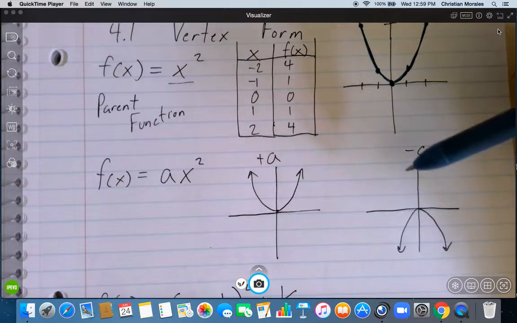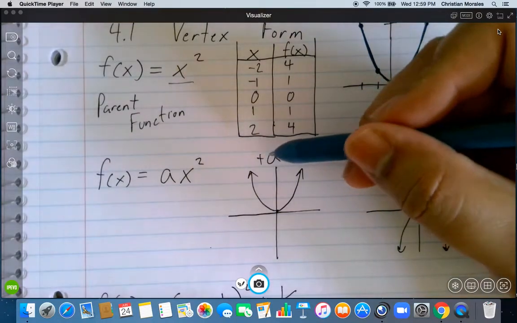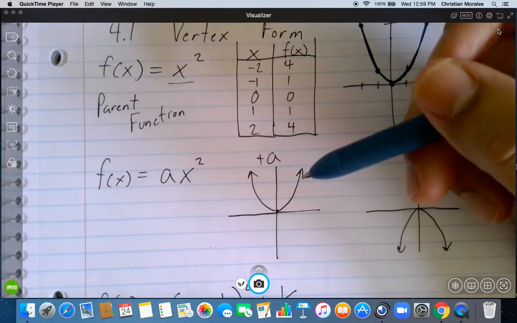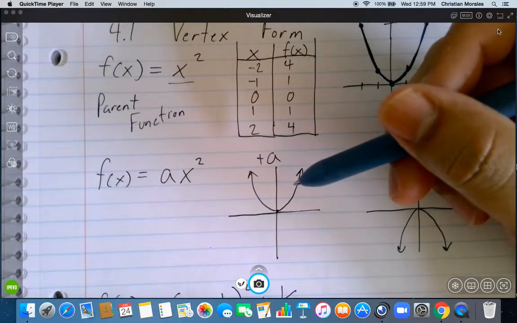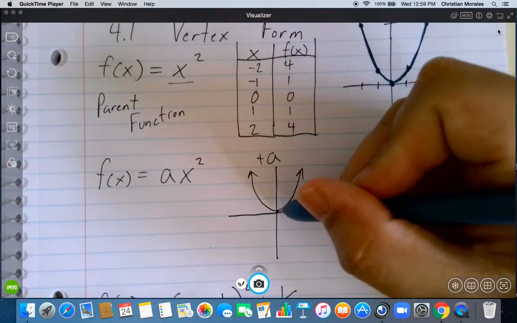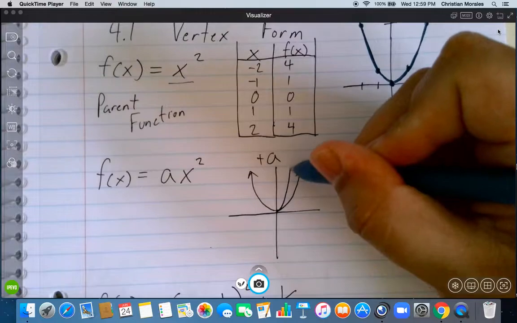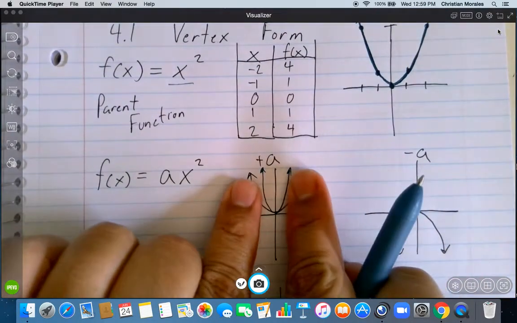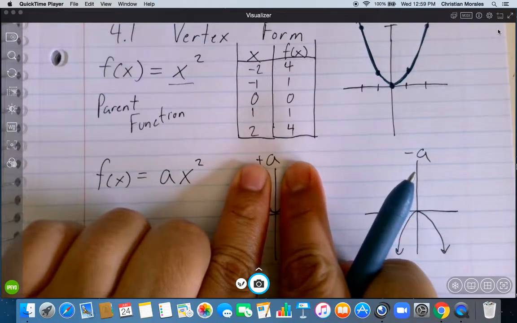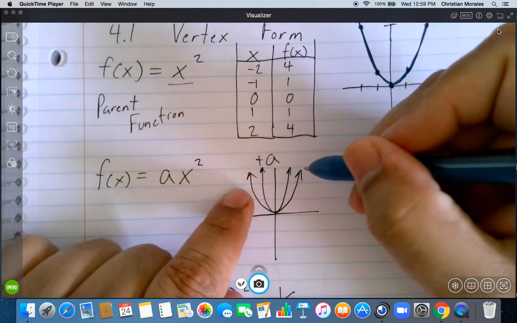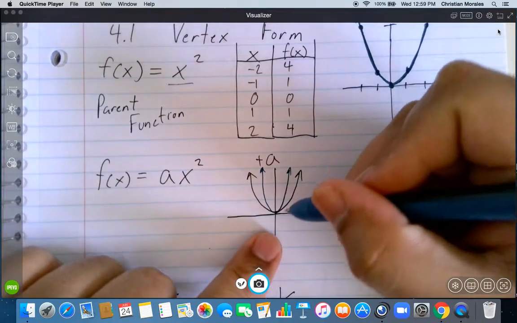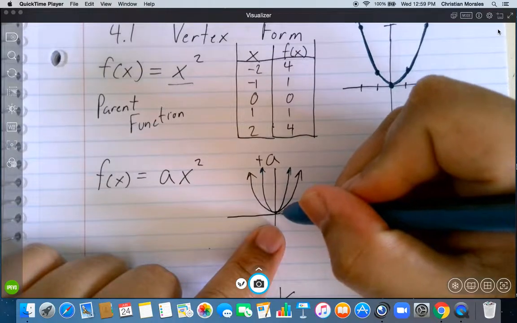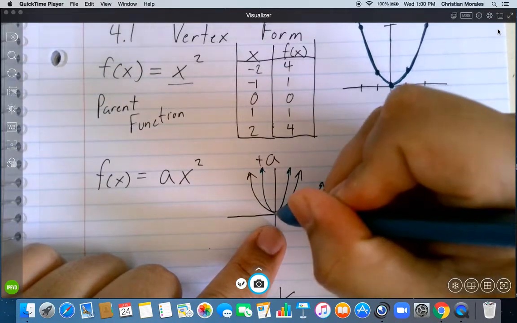Okay? Another thing, if you multiply by a big number, let's say you multiply it by a whole number, like 2, 5, 10, 12, 15, 20, what happens is the U shape kind of gets compressed. And the bigger the number, actually the closer it gets to the y-axis. But if you multiply it by a fraction, like 1/2 or 3/4, or a decimal like 0.2, then actually you get it wider.